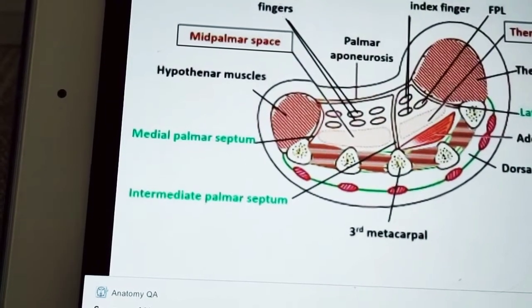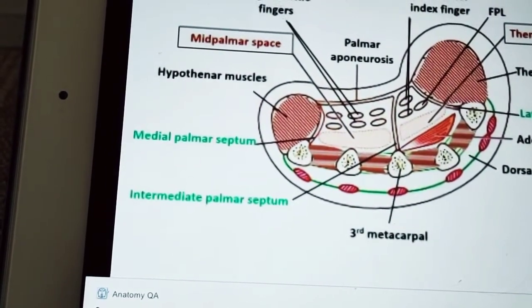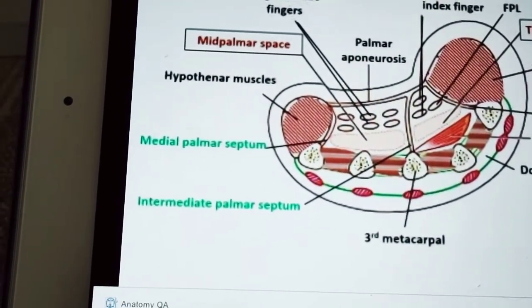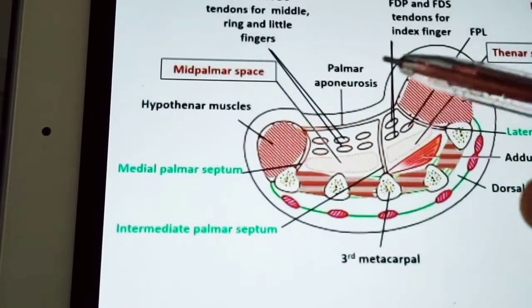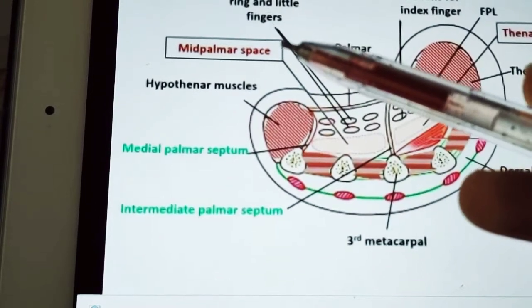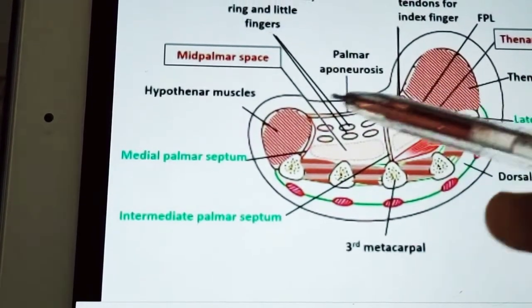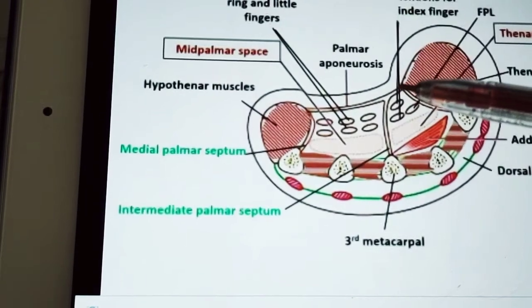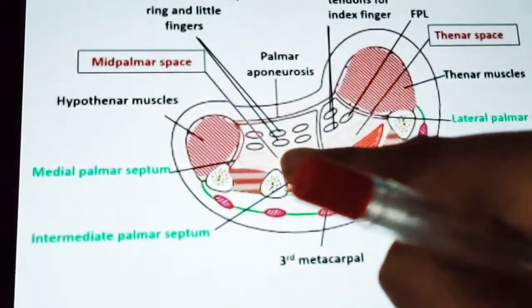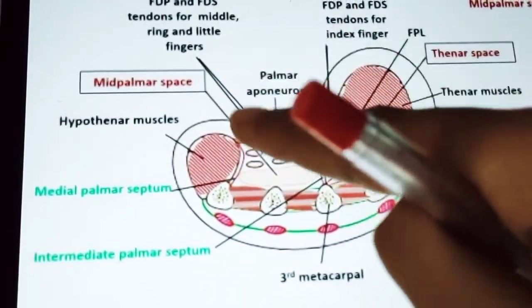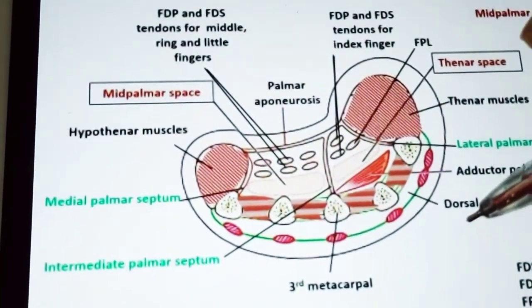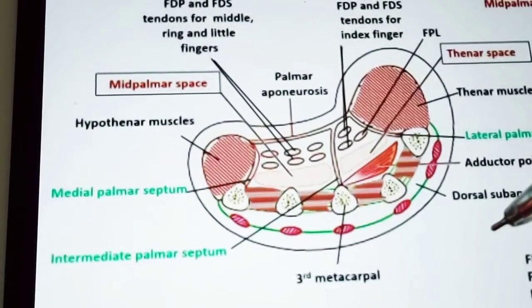Next, communications. Proximally it has the forearm space, and distally it has the fascial sheaths of especially the third and fourth lumbricals. Boundaries: anteriorly you will have the flexor tendons of the 3rd, 4th and 5th fingers, and the 2nd, 3rd and 4th lumbricals, and also the palmar aponeurosis.